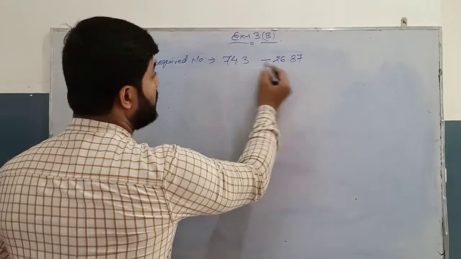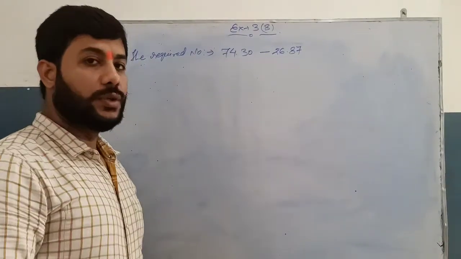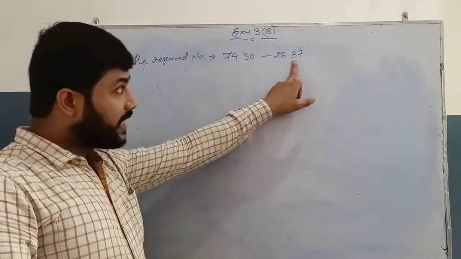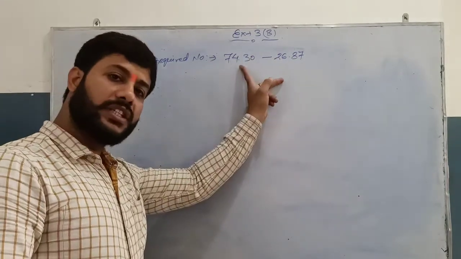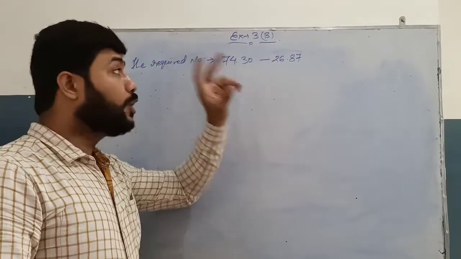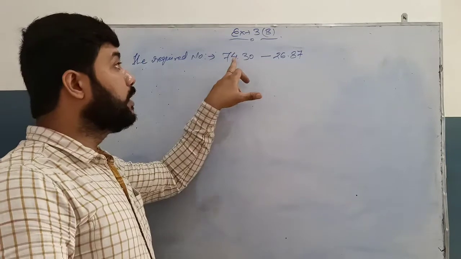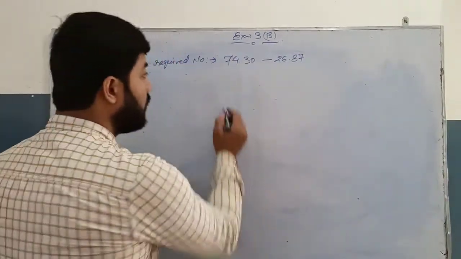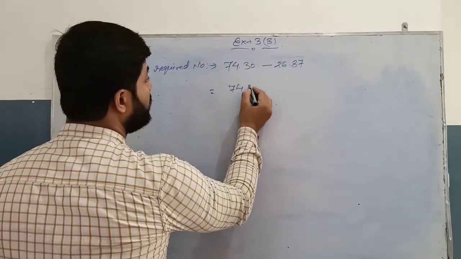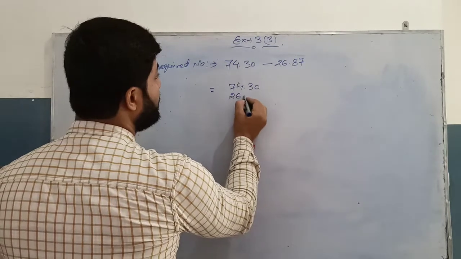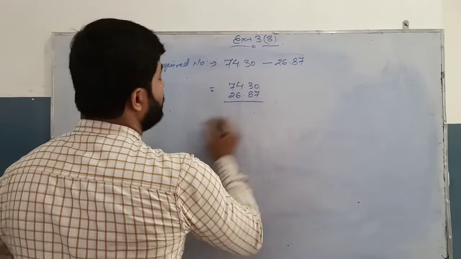So 2 decimal places are here. We will put 0 here. So 26.87 is to be reduced from 74.30 to find out what decimal will be reduced from this to get this. So 74.30 minus 26.87.